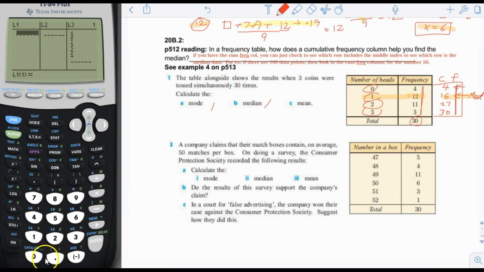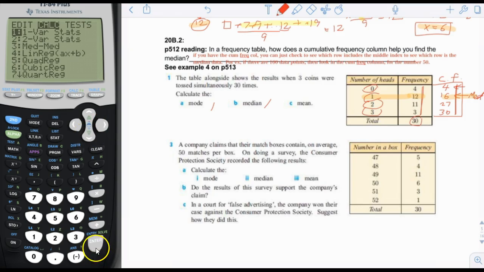I'm going to put in the data, which is 0, 1, 2, 3. And then I'm going to put in the frequencies, which is 4, and I'm not putting the cumulative frequencies, I'm putting the regular frequencies, 3. Okay, so now I'm going to do stat, calc, 1var stats.